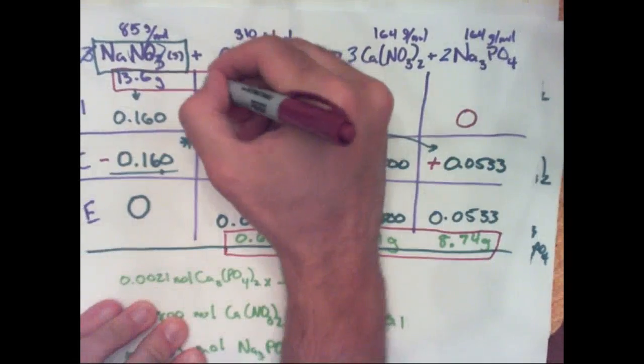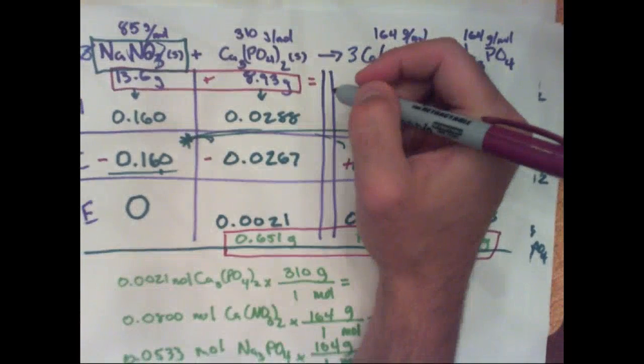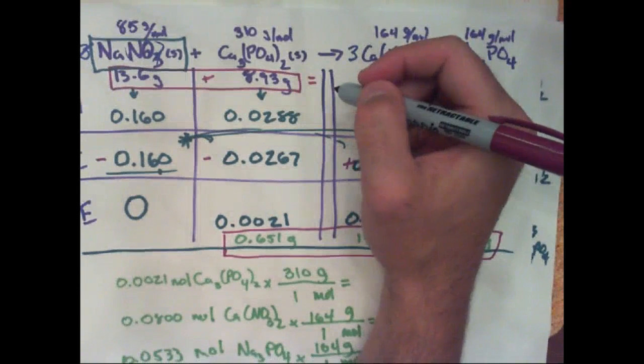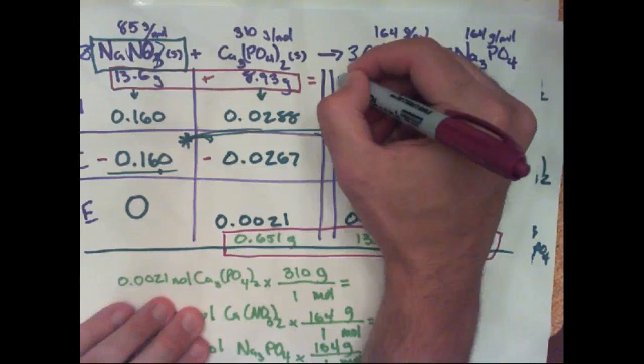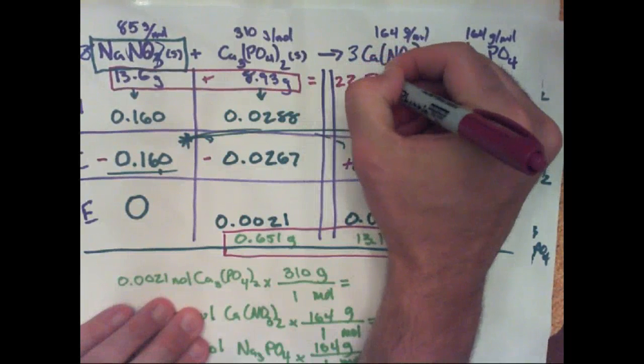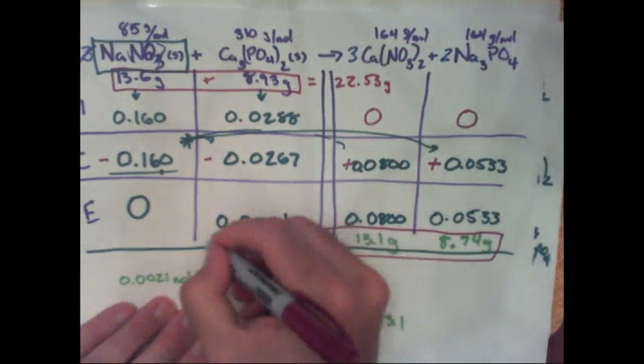So if I take these two values and add them up, 13.6 plus 8.93, I'm going to get 22.53 grams. That's how many grams we started with.